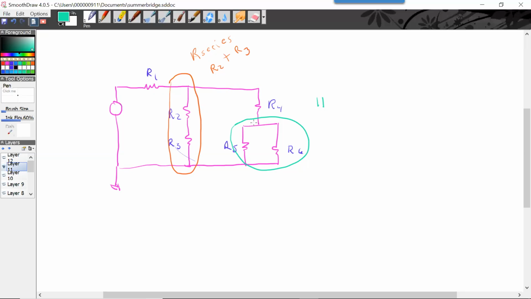But these two branches, right? So what one can do, and I'm going to go over this a little bit quickly because I show it in the notes, is that I can transform this circuit like this.